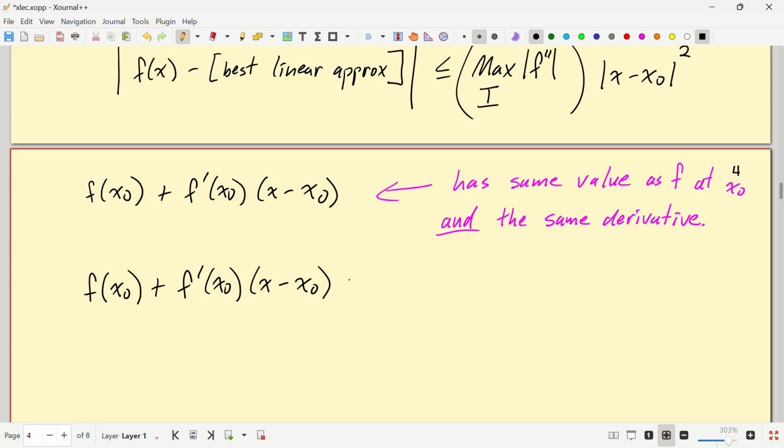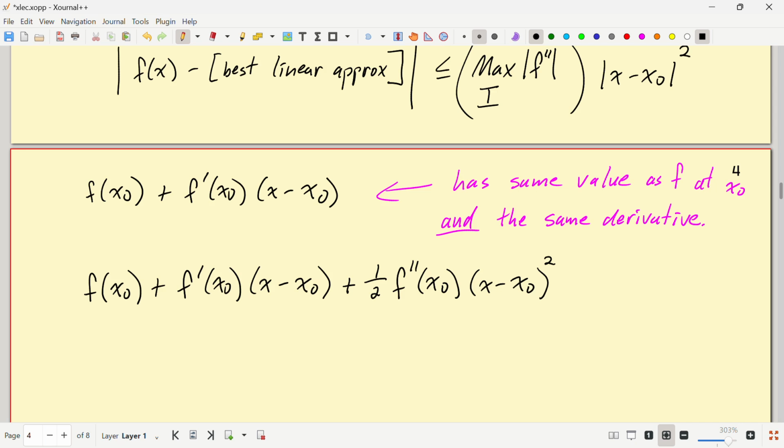This would still have to be the next term. But to make the second derivatives match, you can figure it out by writing it out and setting it equal to what you want it to be. The next term would have to be this. That has the same second derivative at x naught. And I don't mess up any of the previous stuff. That's the cool thing. I don't mess up the value at x naught. I don't mess up the first derivative at x naught, because the derivative of the last term vanishes to order 2 there.